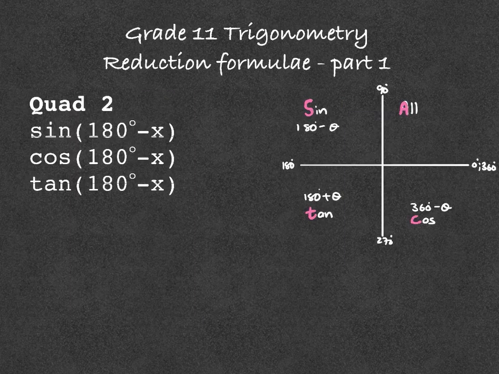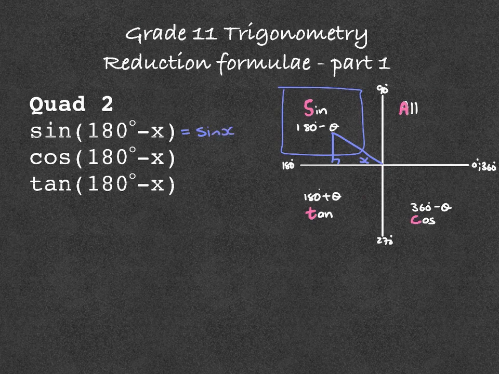Okay, so let's look a bit at the notation of this. In quadrant 2, that's located there, of course. You're going to get sine of 180 minus x. If there's a triangle there where that is an angle x, sine's ratio is going to be positive, so that would be sine of x, or sine of theta if it's 180 minus theta.